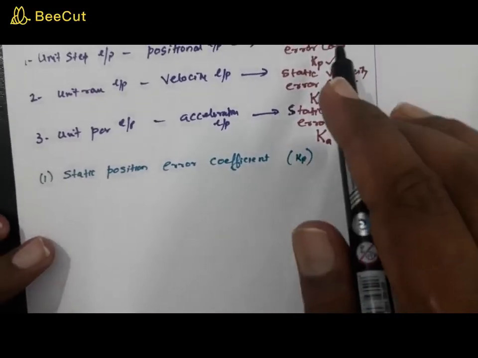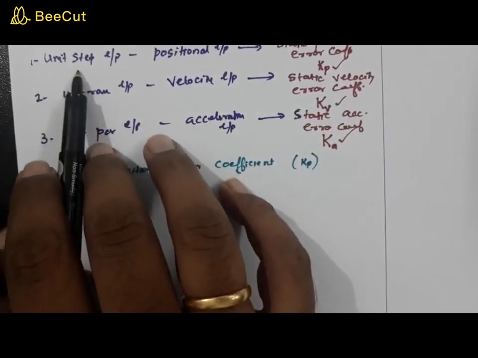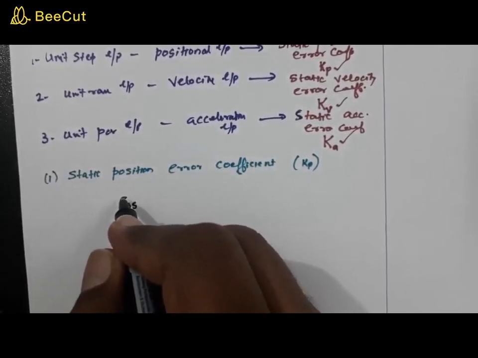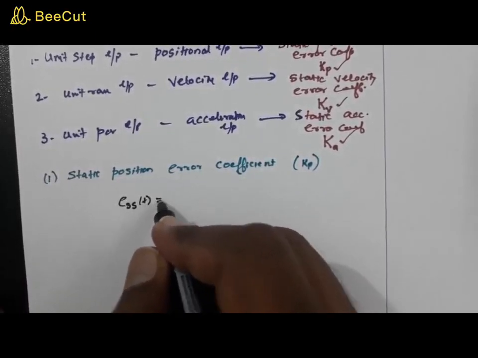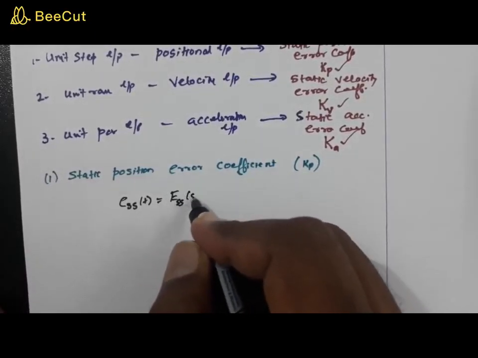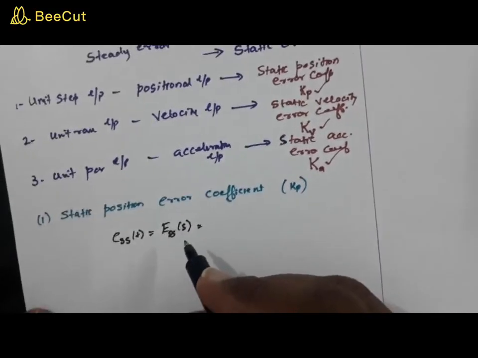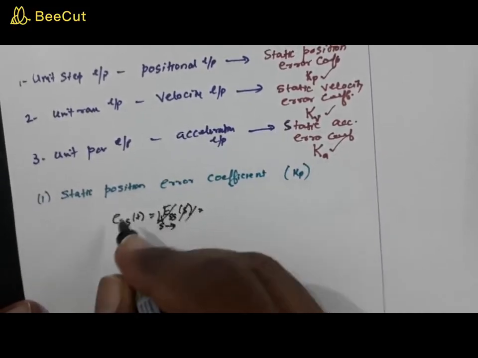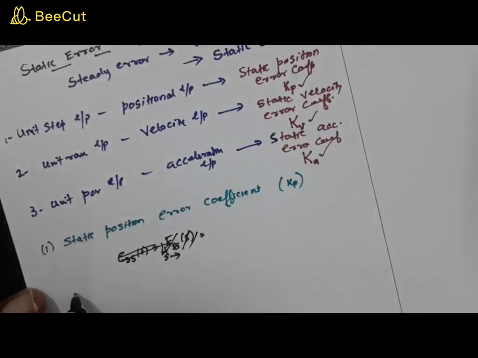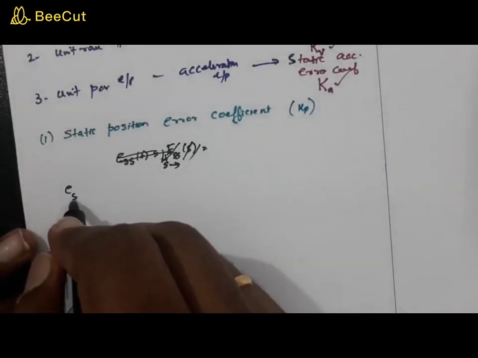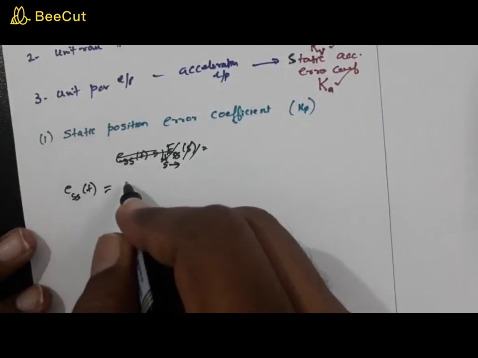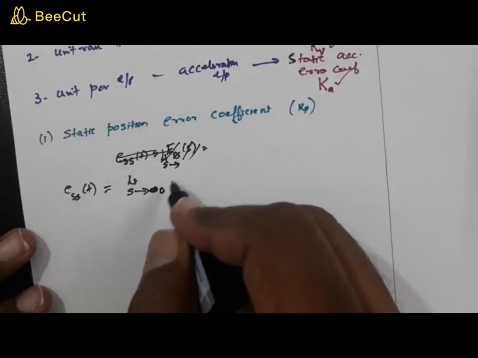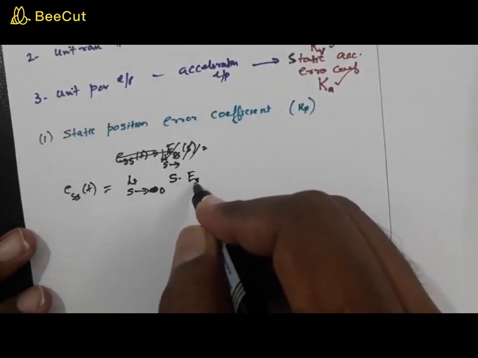I told you that the static position error coefficient is related to the unit step input. So let's write this ESS. We know that the steady state error ESS of t is equal to limit s tends to 0 of s into ESS of s.